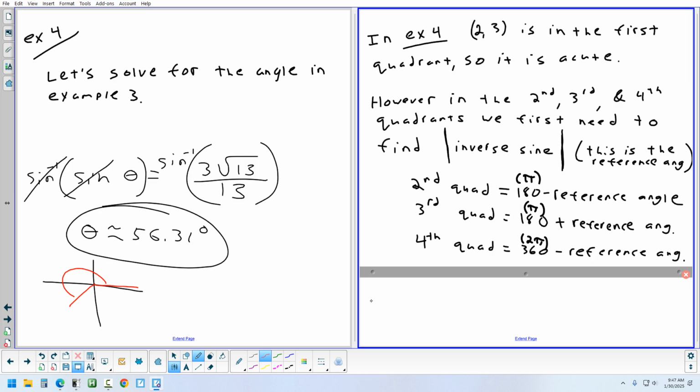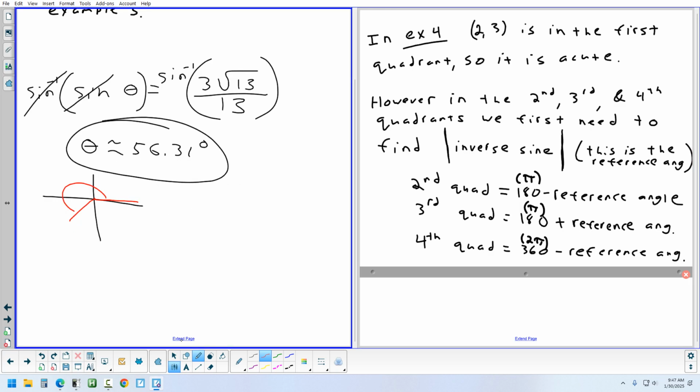All right. So whenever we want to find an angle in another quadrant, we start with what's called the reference angle. This in green right here, that's my reference angle. If I draw a triangle for you in every quadrant, the reference angle is what I'm marking in red.